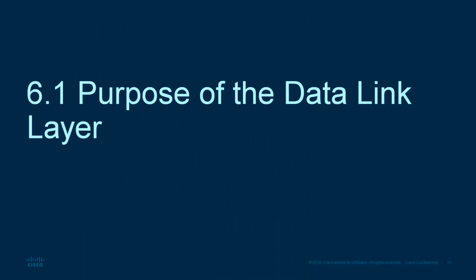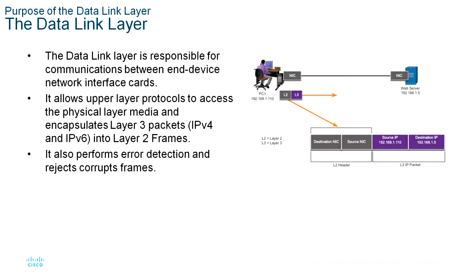The data link layer of the OSI model, that is layer 2, prepares network data for the physical network. The data link layer is responsible for network interface card (NIC) to network interface card communications. The data link layer does the following. The first one, enables the upper layers to access the media.